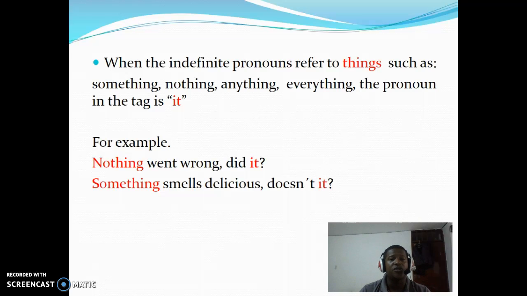Something smells delicious, doesn't it? Again here, something smells delicious, it's simple present, and I'm talking in an affirmative way because I'm using an affirmative indefinite pronoun. That's why in the tag I use the negative auxiliary here, doesn't, and I use the pronoun it.